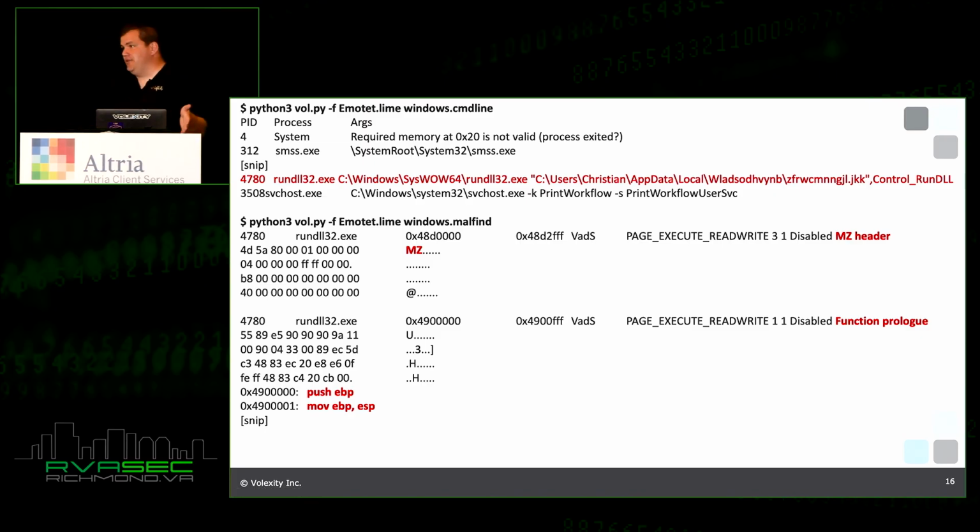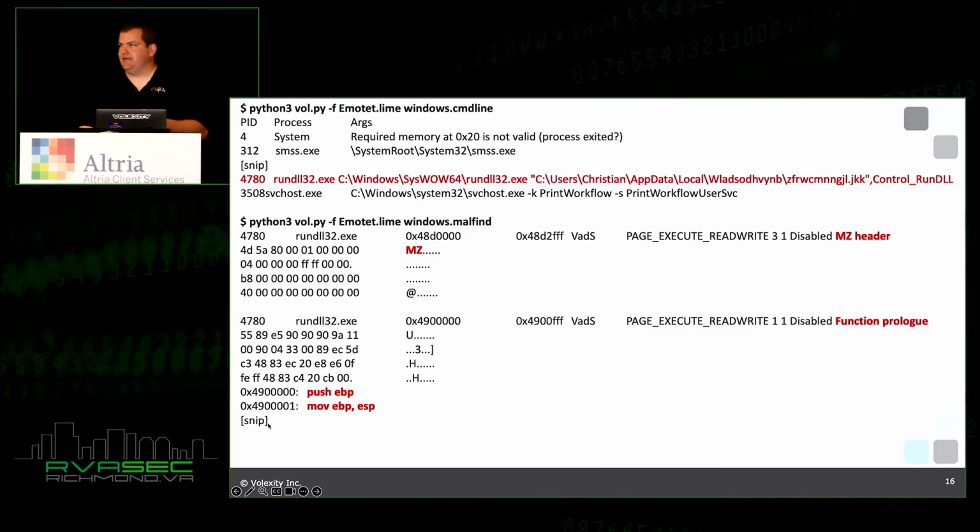So you could manually look at that, but like I said, in our line of work, we regularly have dozens, hundreds, thousands of memory samples we want to get through in a couple hours, and so reading the command line output isn't really going to scale to that. So instead, with malfind, just running the plugin, not giving it any extra arguments or information, it figures out that inside of this rundll32, PID 4780, there's a lot of stuff wrong.